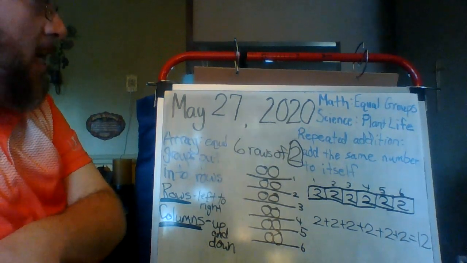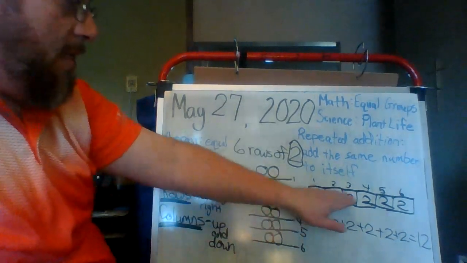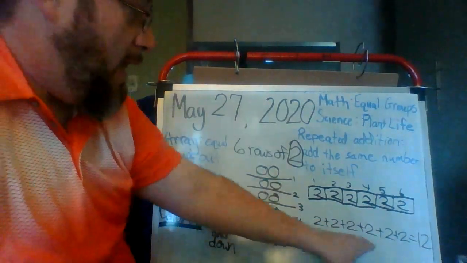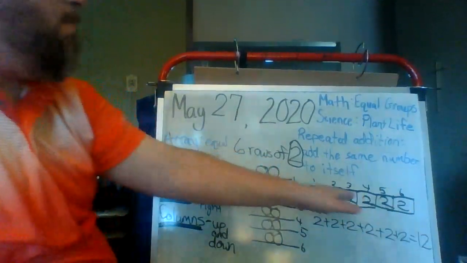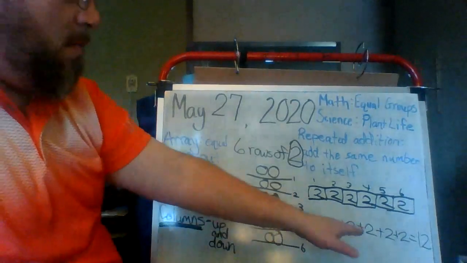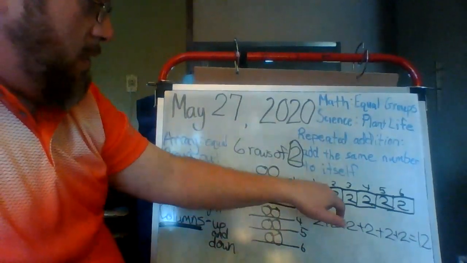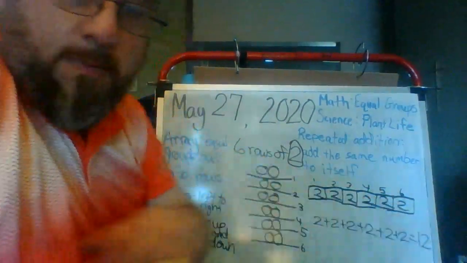So when you hear a tape diagram for repeated addition, it's not very complicated. Just however many numbers you're adding together, that's how many boxes you need to draw on your tape diagram. The number that's being repeated in the repeated addition is the number that goes in each box.